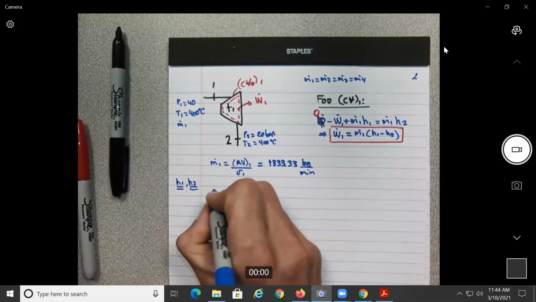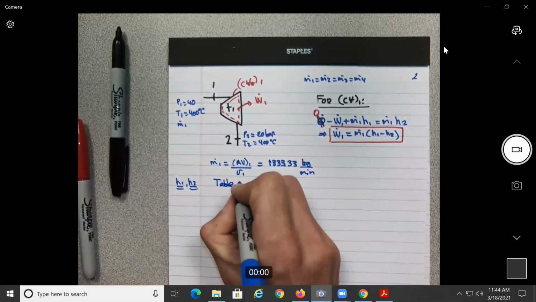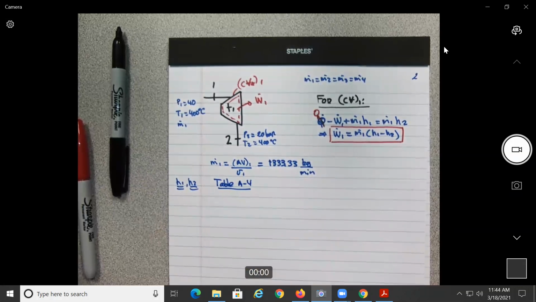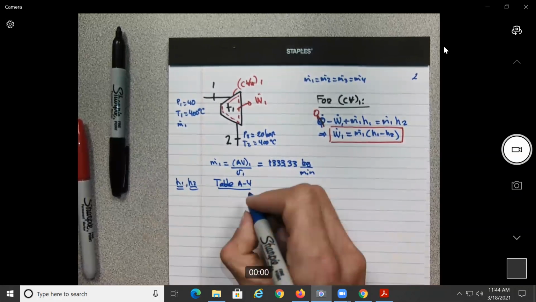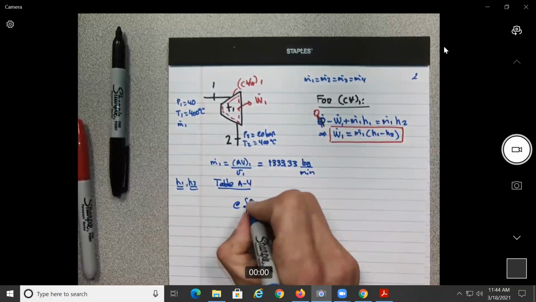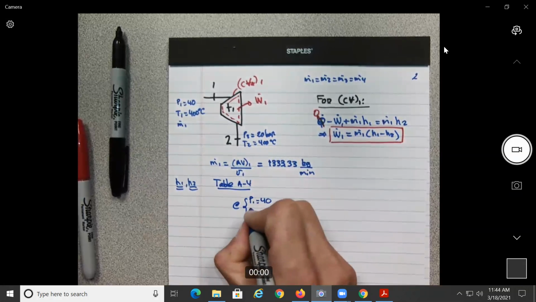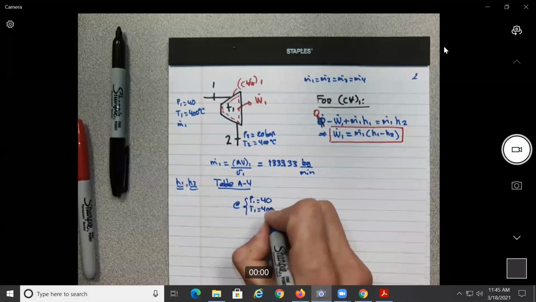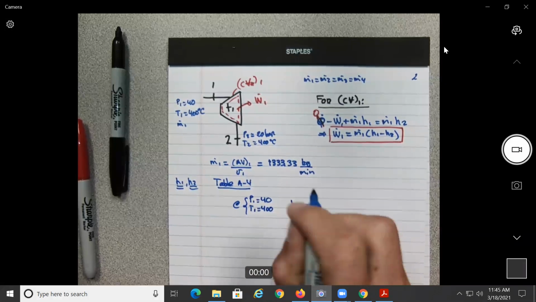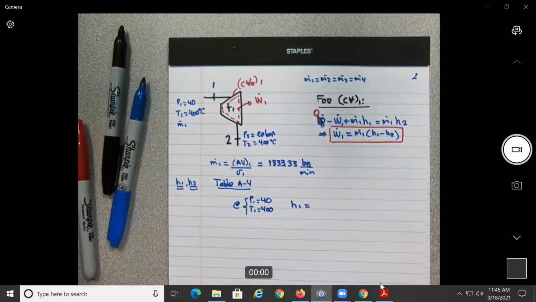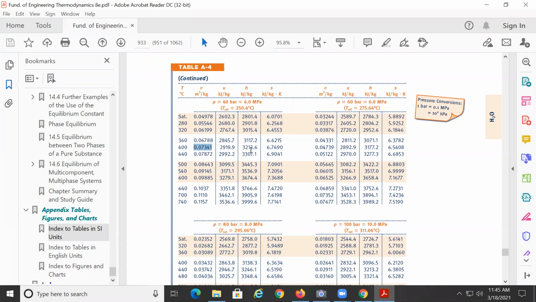For both of them, I think we could go to table A4, no? So for table A1, we could look at P1 equal 40 and T1 equal 400. What is H1? H1 will be 3,213.6 kilojoules per kilogram, all right?